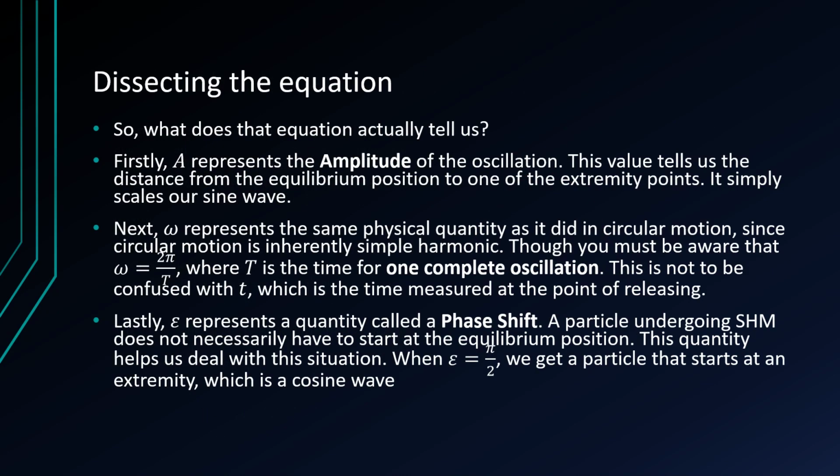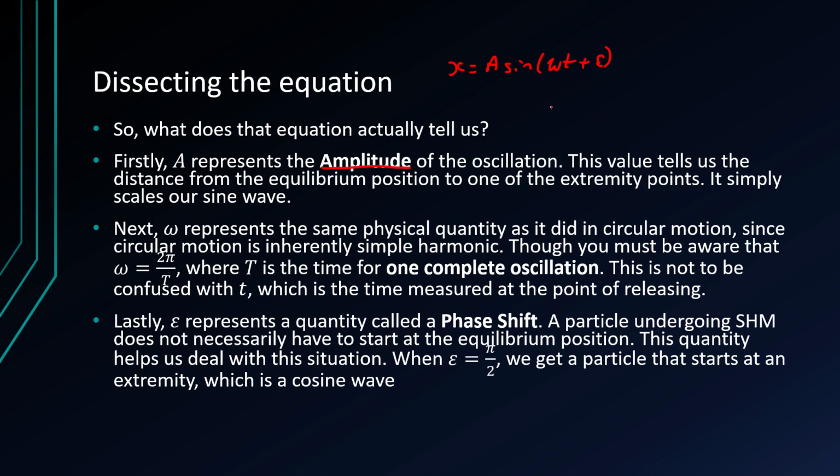So, the equation, what does it mean? Again, I'll write it up here: x equals A sine of omega t plus epsilon. A represents the amplitude. It's essentially how big the motion is, or the distance between the fixed point and one of the extremity points.